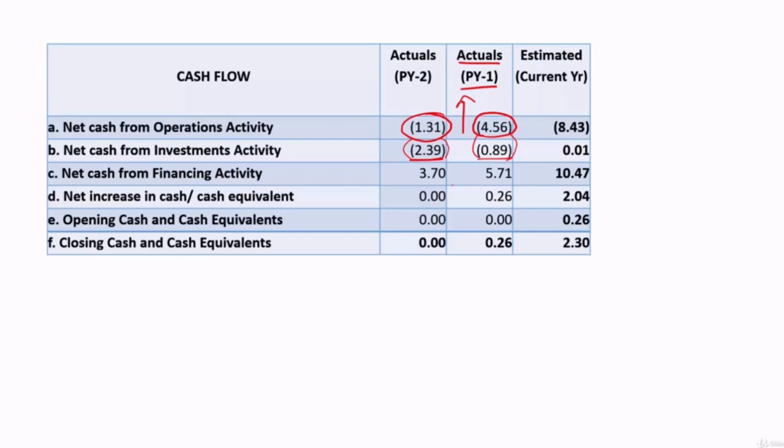Okay, so now this is going to raise serious concern for the sanctioning authority, because negative cash flow is increasing year on year. This indicates either this negative cash flow is on account of loss, or this is on account of poor working capital management.